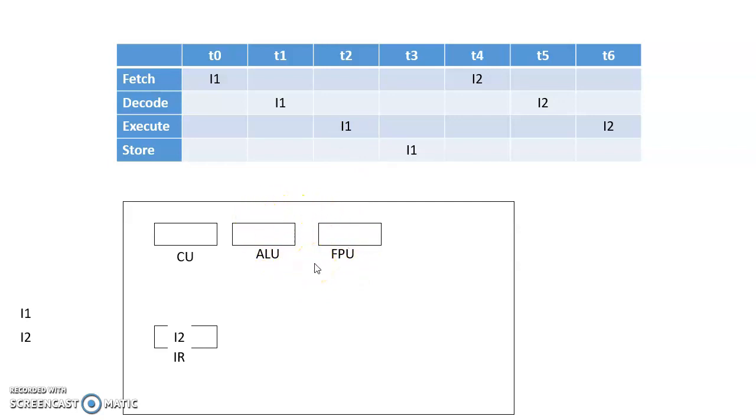be carrying out work. So the idea with pipelining is to create additional units in the CPU so that fetching and decoding and storing can occur at the same time as the executing, just on different instructions.